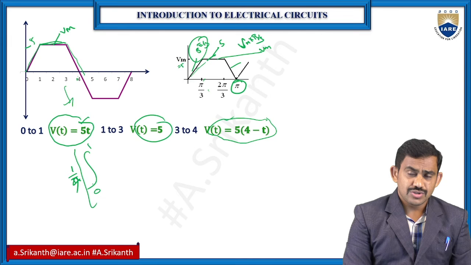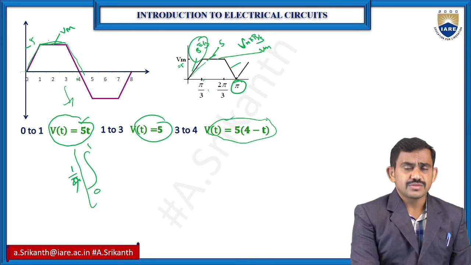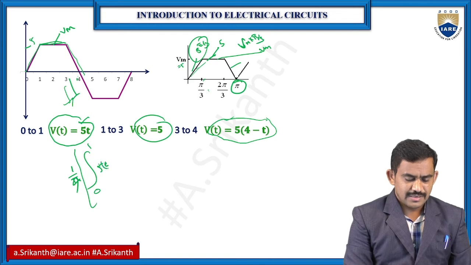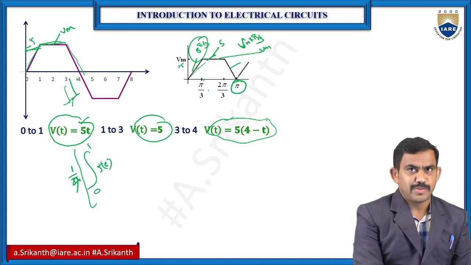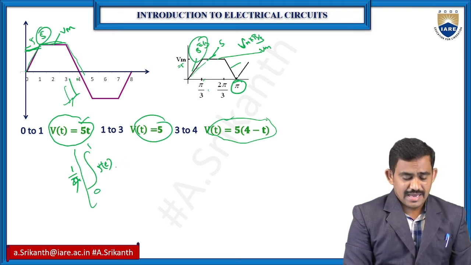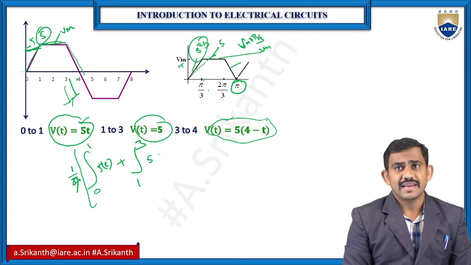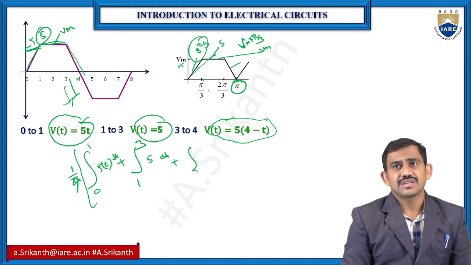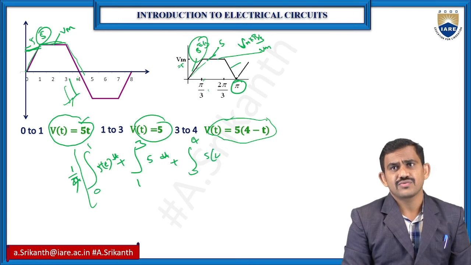But in general, the RMS and average values will depend upon your peak values. Okay. Now 0 to 1, for this waveform I have pi t. Here suppose the Vm is pi. So pi t, plus from 1 to 3 the value is pi dt, and for the last, 3 to 4, the value is pi into 4 minus t.